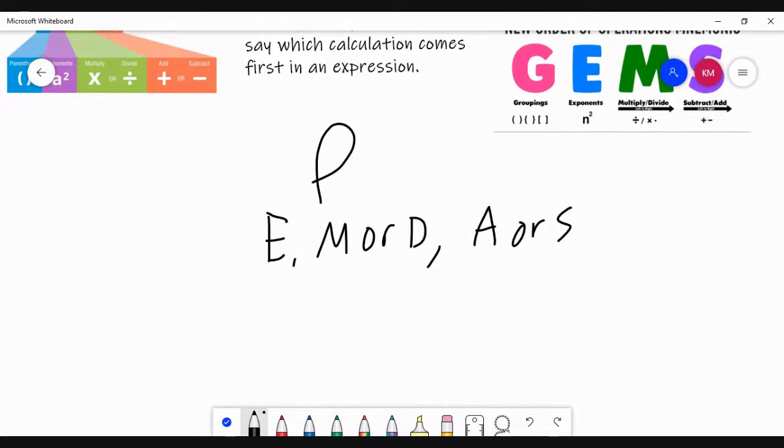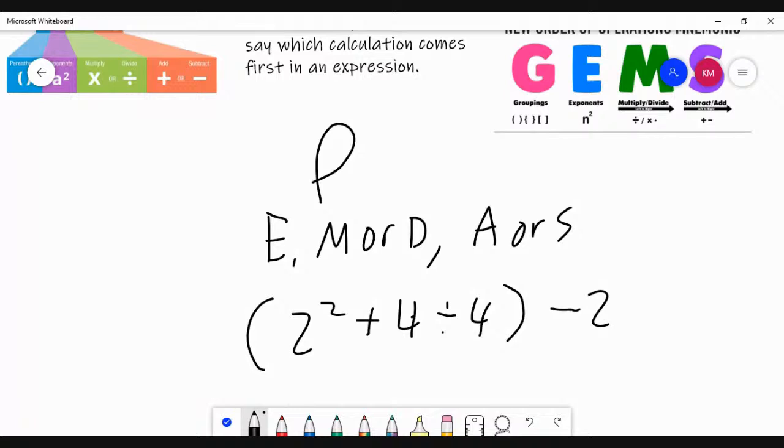For example, now, as you can see, we have parentheses in front of us.